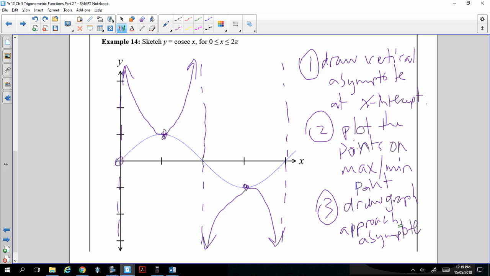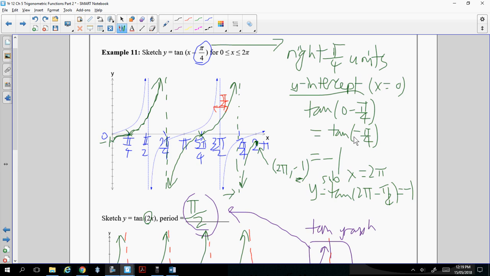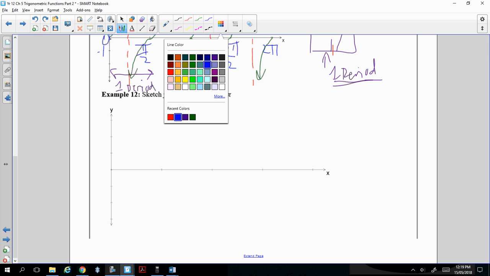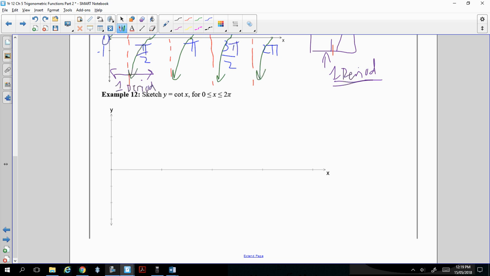Okay, let's go back. Let's try this one, the cot graph. What I do is, let's try to draw the tan graph first. Remember the tan graph looks like this. That's your tan graph, right? So that's 2 pi, 3 pi on 2, pi, pi on 2, 0.